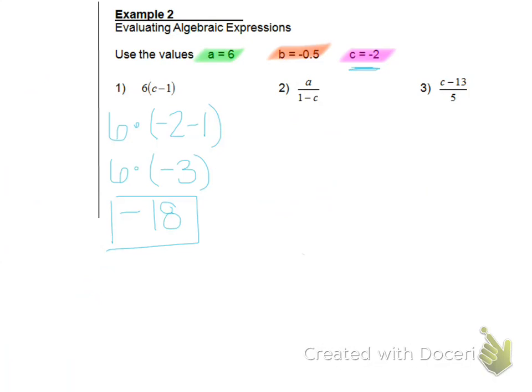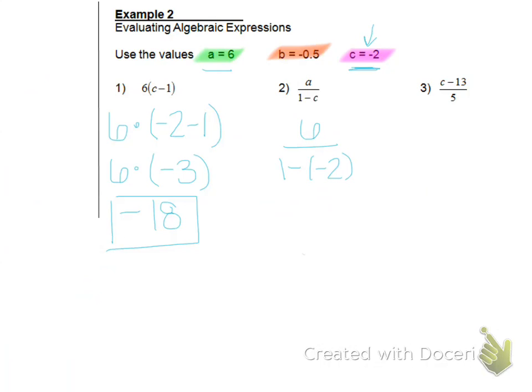Now for number 2, let's see, A divided by 1 minus C. Well, A has a value of 6, so 6 divided by, and then 1 minus C. Again, C is -2, so 1 minus the value of C, 1 minus -2.